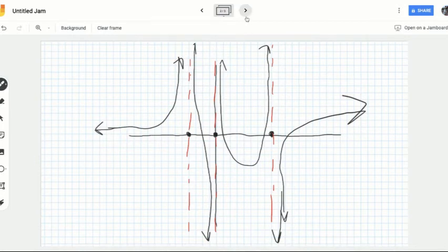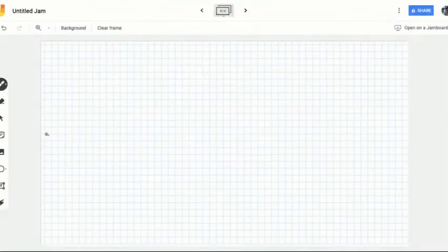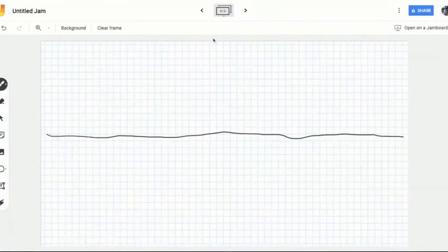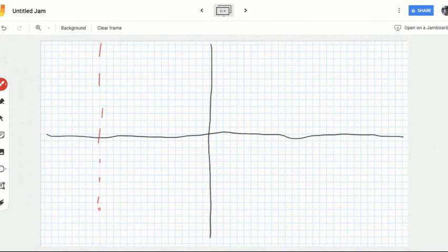And then if I get a graph that has this, I guess I'll make one more. So say I have here, and I make that my 0. I'm just drawing asymptotes. So these red vertical lines represent asymptotes.